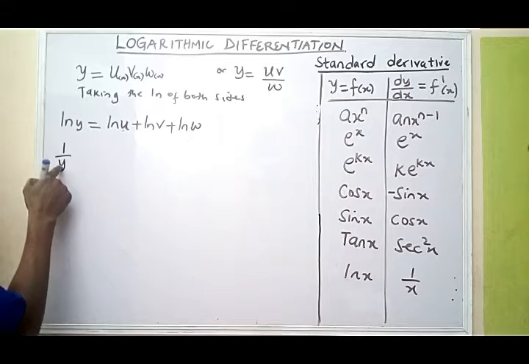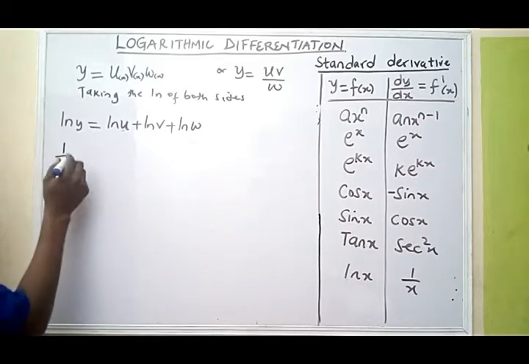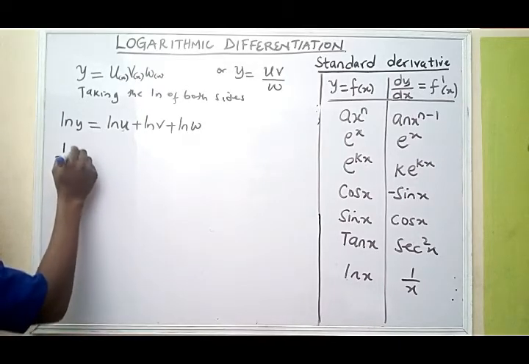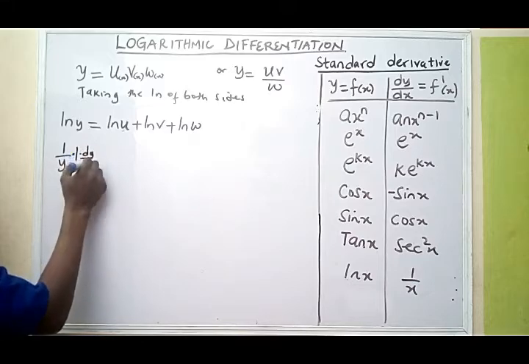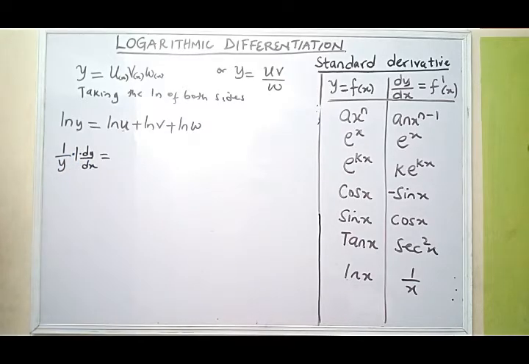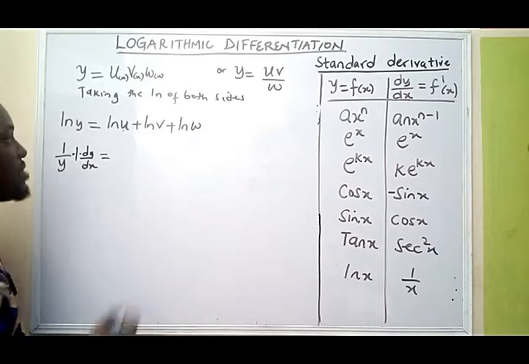Then I will differentiate y. If I differentiate y, I'm going to get 1, so 1 dot dy/dx, since I'm differentiating with respect to x. You can check my previous video on implicit differentiation.